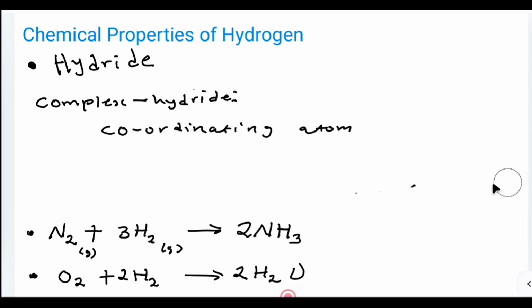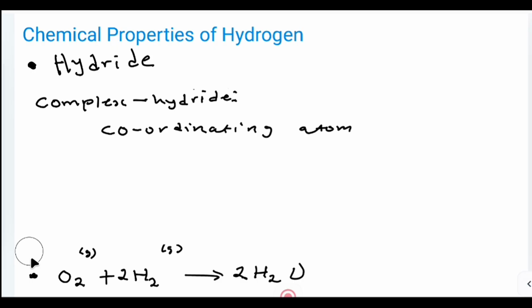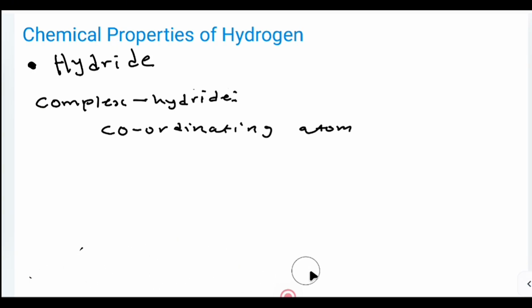Okay, a complex hydride has a coordinating atom, and that coordinating atom or that coordinator holds usually more than one hydrogen and another element.